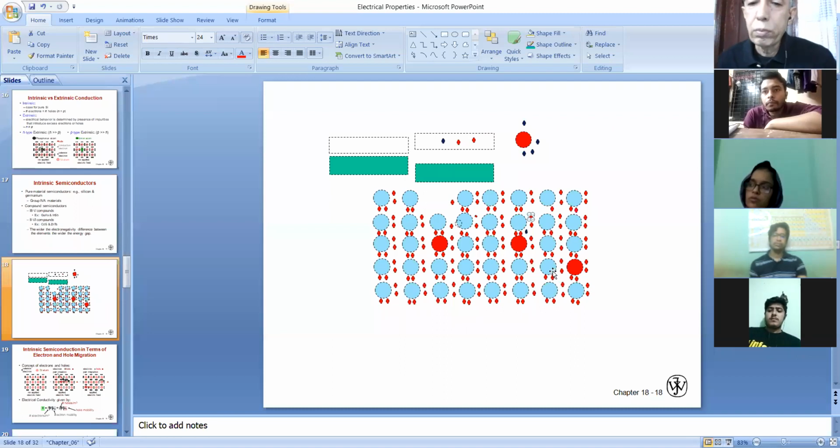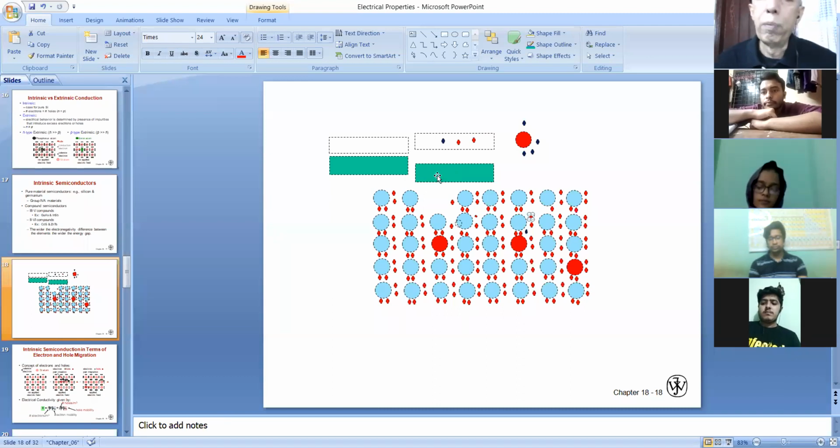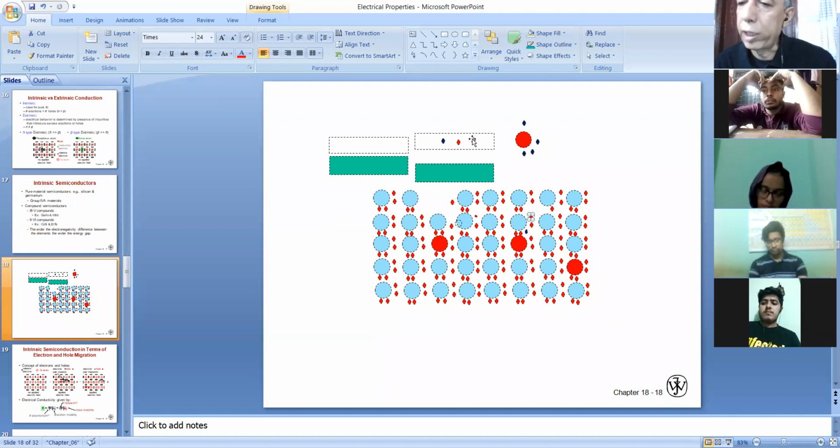So here there are 2 types of carrier of electricity. One carrier is electron. It can carry electricity by moving from valence band to conduction band. But hole also can move.